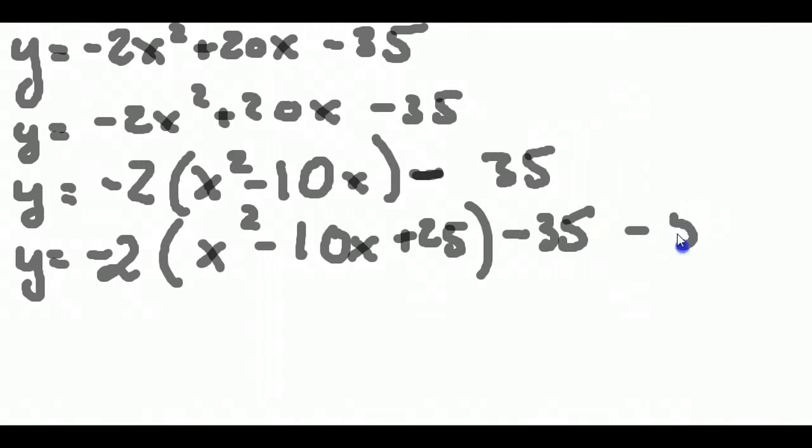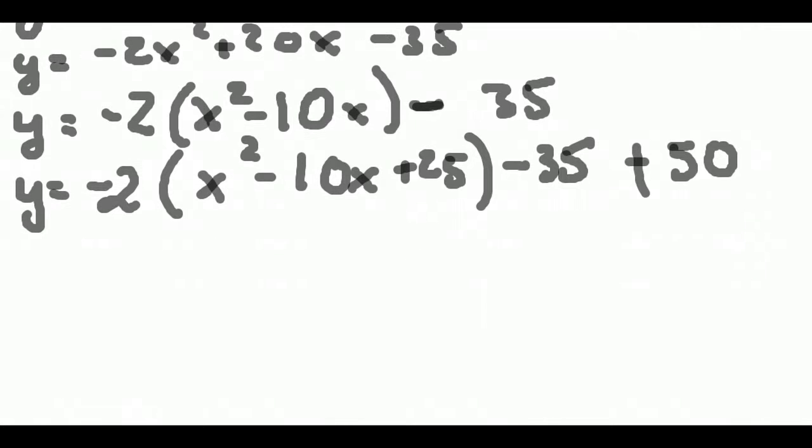Minus 50. Does everybody understand why? Oh, plus 50. Sorry, plus 50. So you have to do the opposite so it balances out. Because if you were to multiply this through, it'd be negative 2 times 25. And if we only added just the 25, we'd have an extra 25 that makes it out of balance.